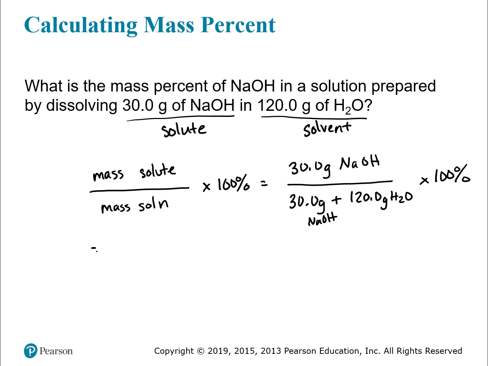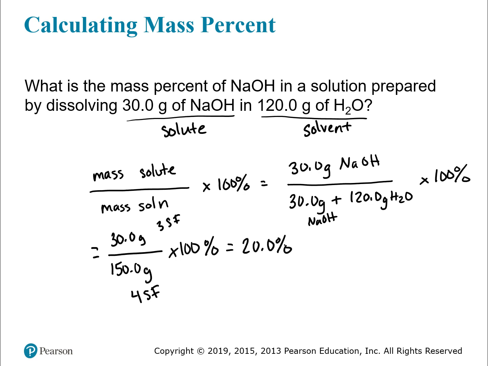Like I said, for sig figs, you're going to do the math in the bottom first to add those two together. When we're looking at sig figs, we've got 3 sig figs up top. We've got 4 sig figs at the bottom. So our answer needs to have 3 sig figs. When you do the division and multiply by 100%, you should get 20%.